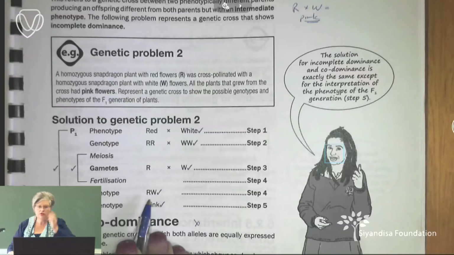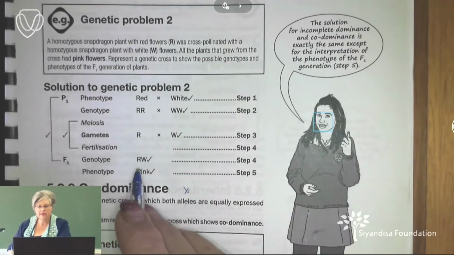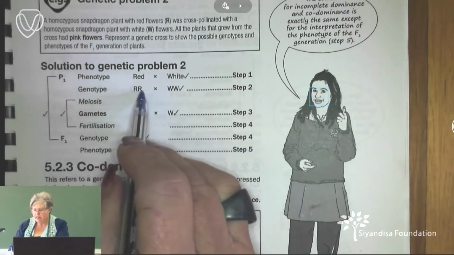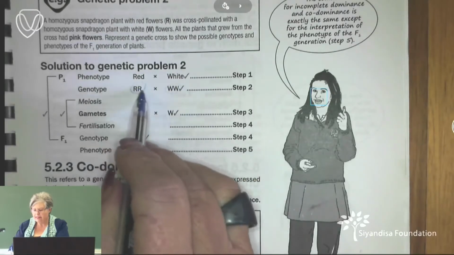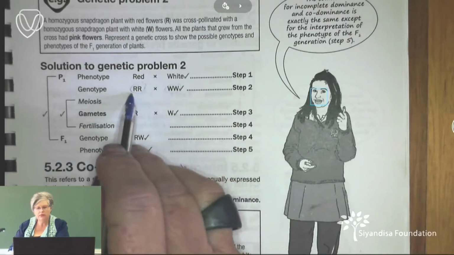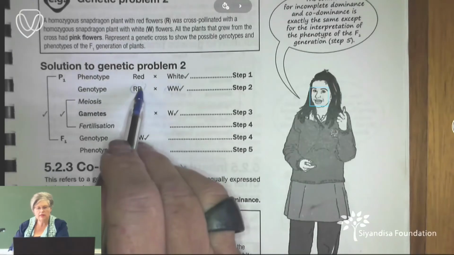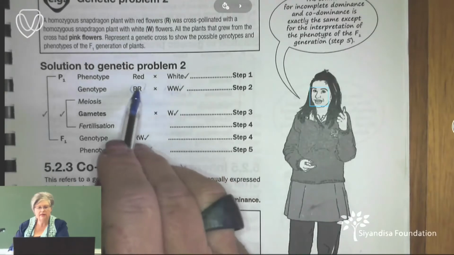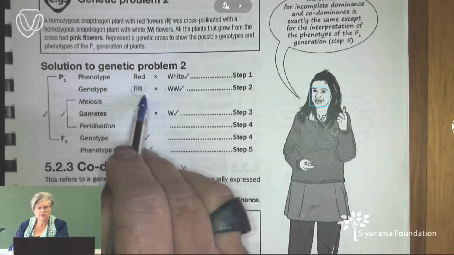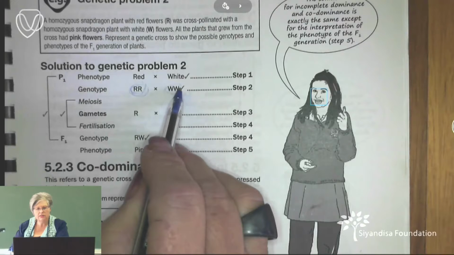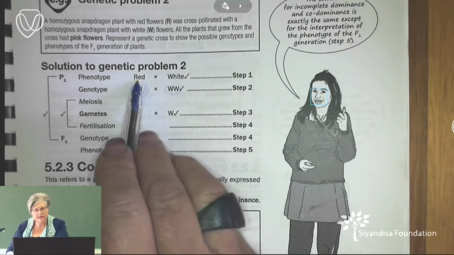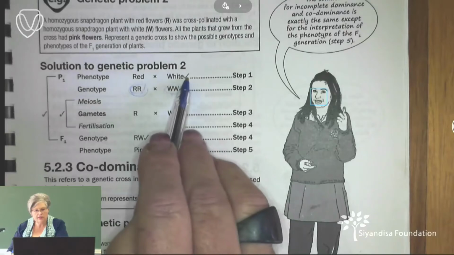Now with incomplete dominance and codominance, the next thing that you must remember is that it's 2 different alleles. So we don't work with big R, small r here, because both of them are color, but different ones. We use these symbols and we use these symbols. So again, look at the template. We say there's red flowers cross white flowers.